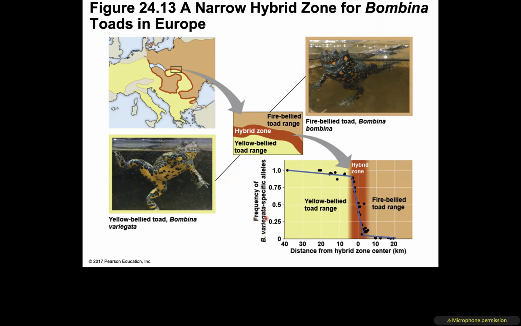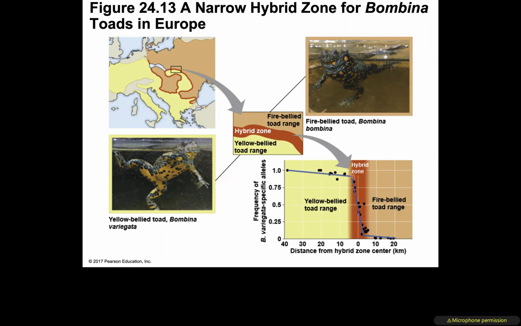So this one is the yellow-bellied alleles. And so the frequency of the alleles, you're going to find, is highest the further the distance from the hybrid zone. So as you get closer, you're going to have fewer individuals with that frequency of alleles.